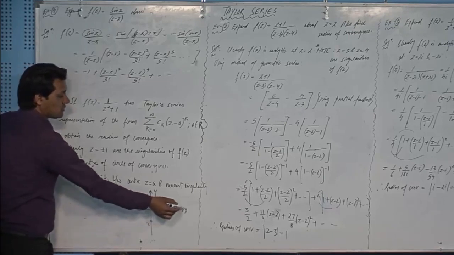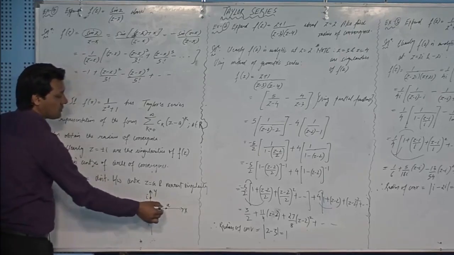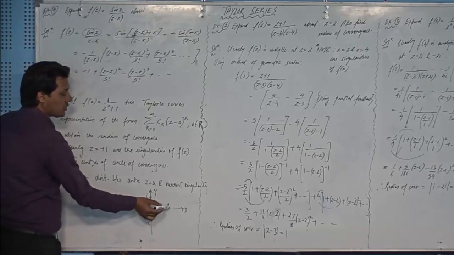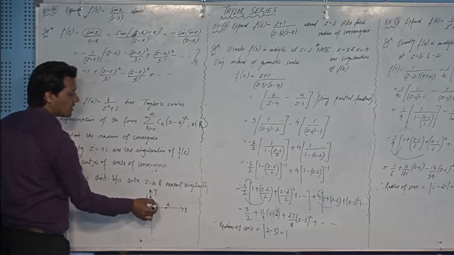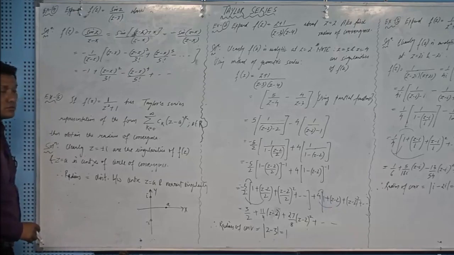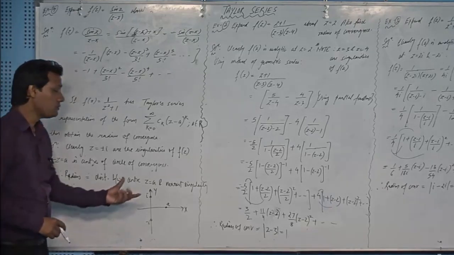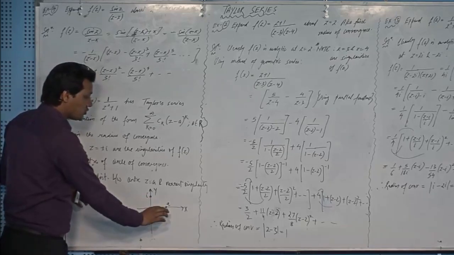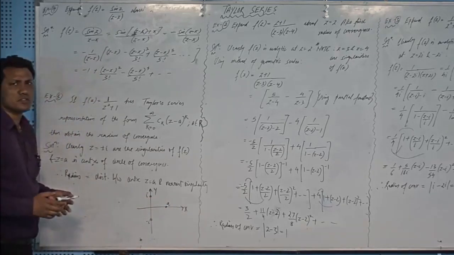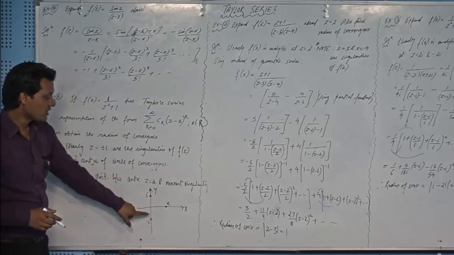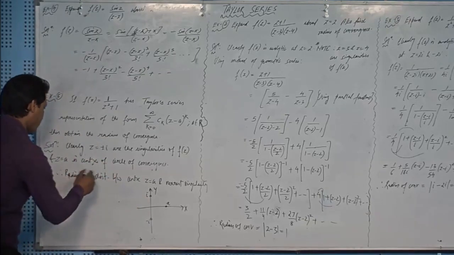So you take a anywhere on this x-axis, and both of these singularities are at equal distance. Either you choose the distance between a and iota, or between a and minus iota, the answer will be the same, because a is on the bisector of the line joining iota and minus iota.